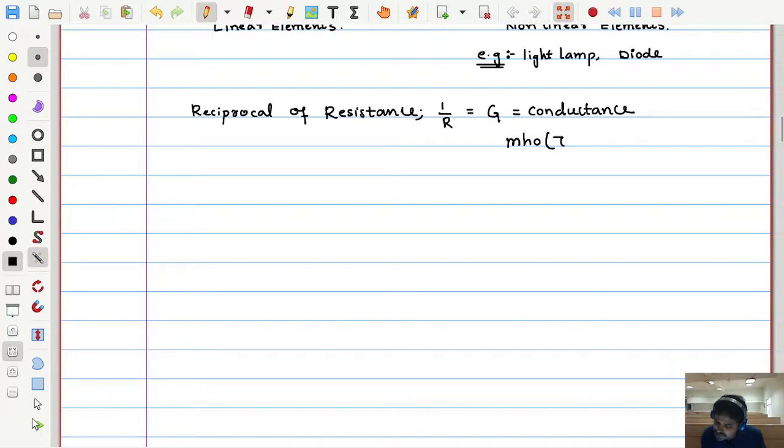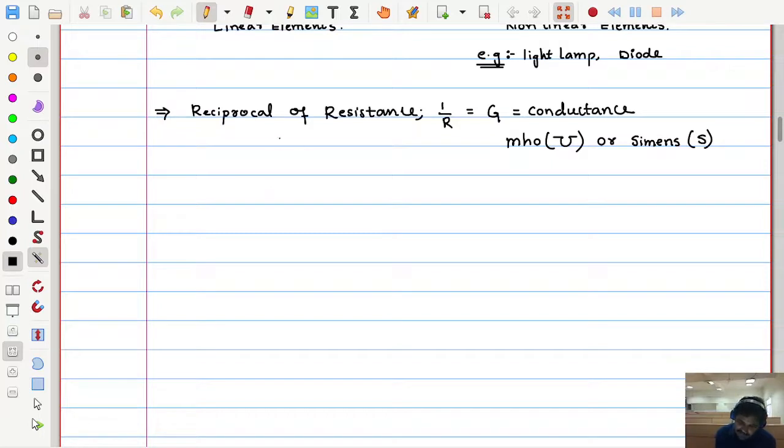The symbolic representation of this is the opposite of ohms, or it can also be referred to as Siemens, S. So this is one more term we frequently come across in our circuit analysis.